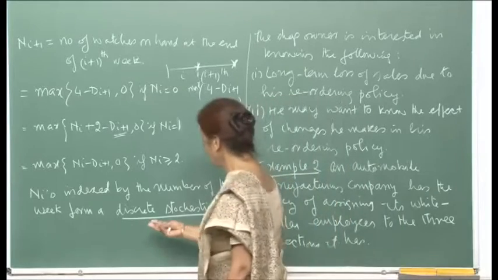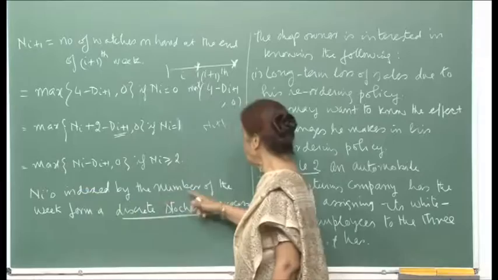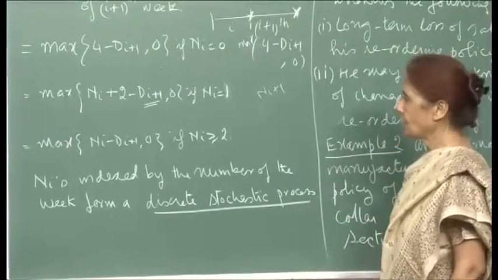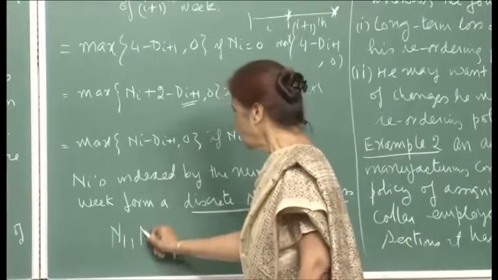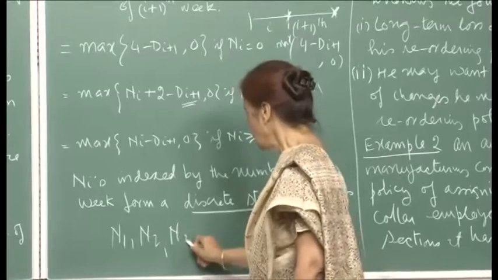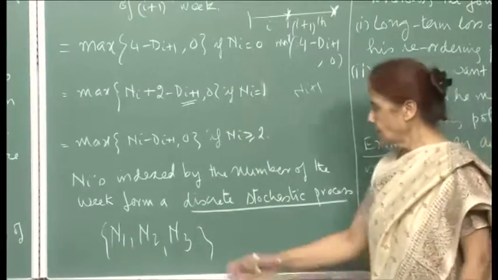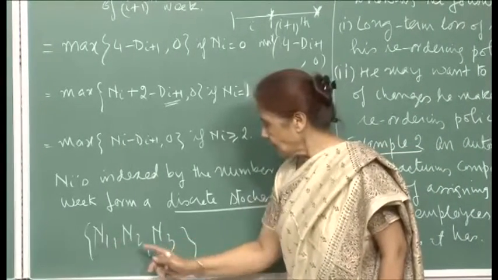Now I can give you a definition here, saying that N_i's, indexed by the number of the week, form a discrete stochastic process. So when you take these N_1, N_2, N_3, these are random variables and you are giving them an index which is discrete.